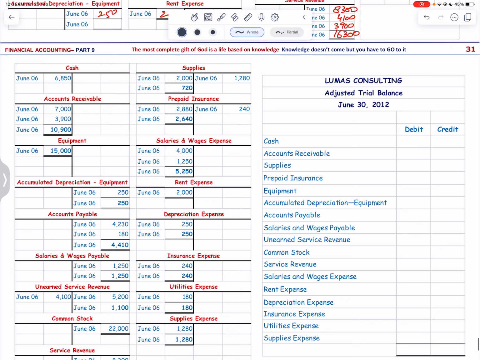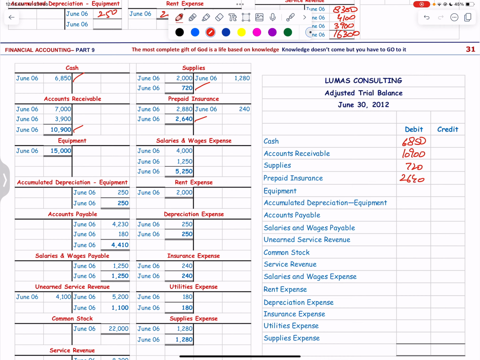Cash is 6850. Accounts receivable is 10,900. Supplies is 720. Prepaid is 2640. Equipment is 15,000.